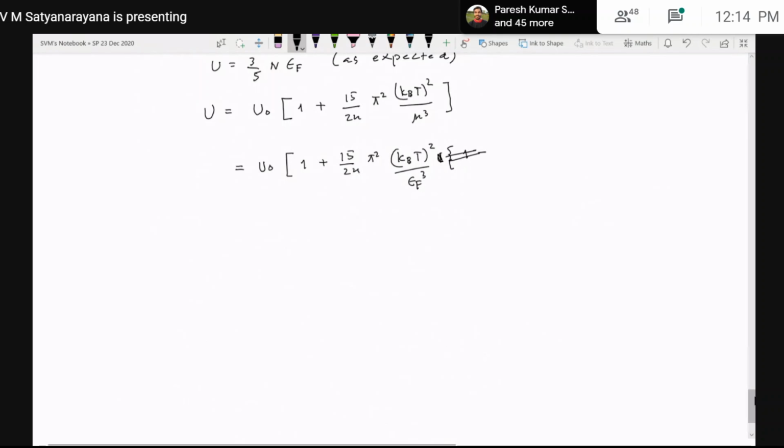So essentially, this is 1 minus pi square by 12 into k T by epsilon f the square, and this whole thing raised to the power 3.